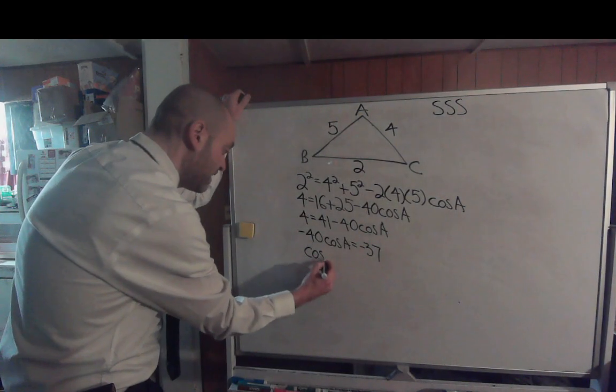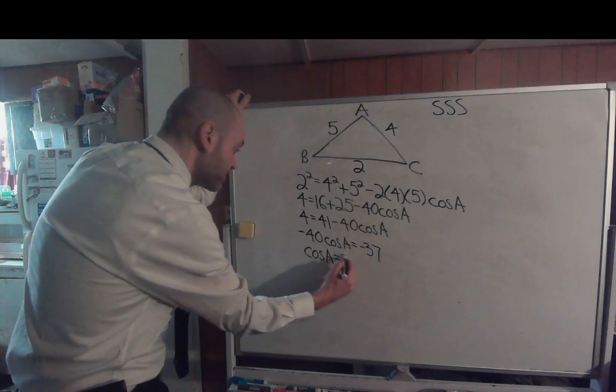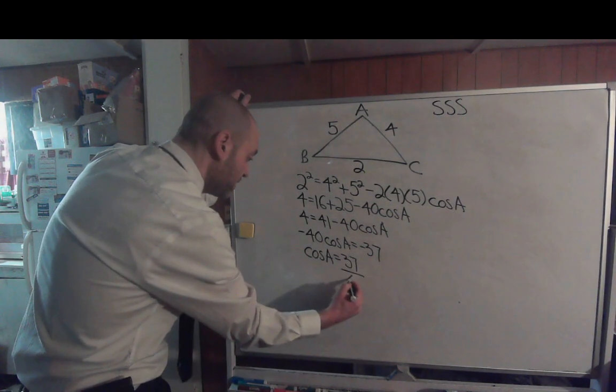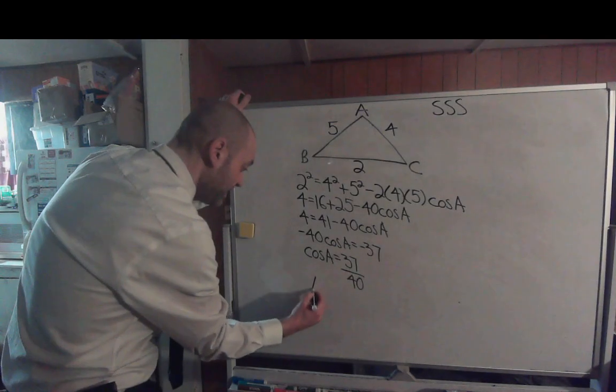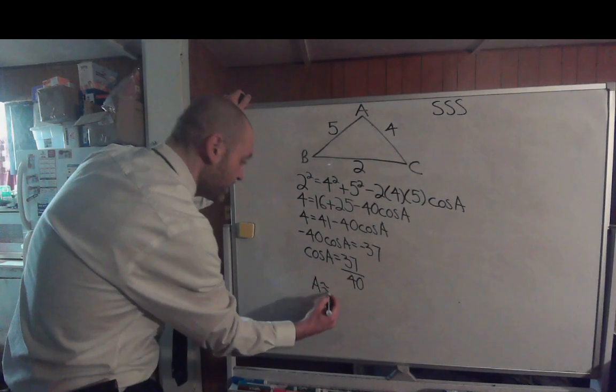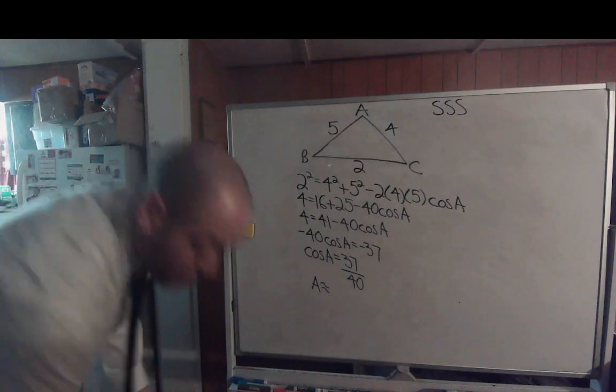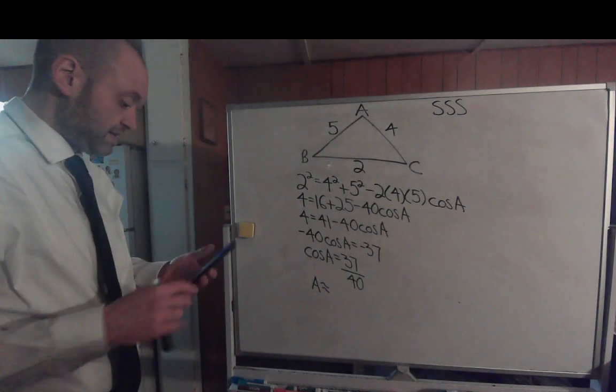So the cosine of A equals 37 over 40. And of course, A is just the inverse cosine of that. And again, this is going to be a ballpark. It's not going to be exact.